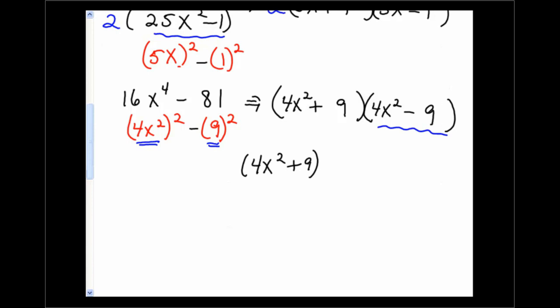This is the sum of perfect squares, which does not factor. But 4x squared minus 9 does factor to a sum and a difference. 4x squared is a perfect square for 2x, and then 9 is a perfect square for 3. So now it's been factored completely.